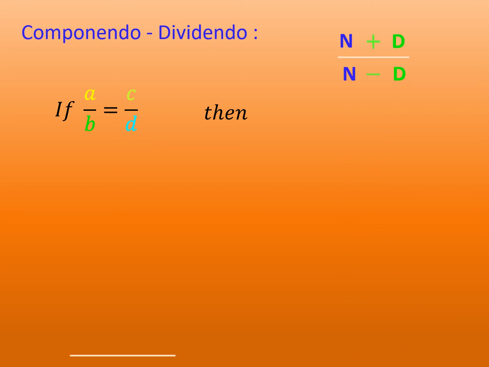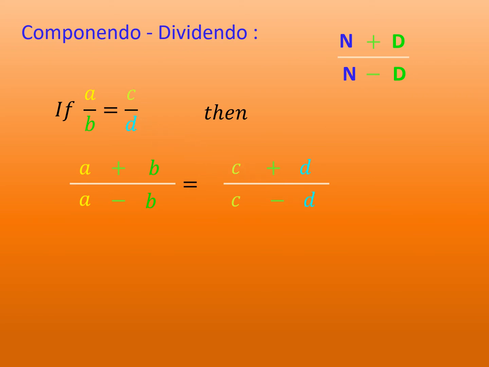Now componendo dividendo. a upon b equals c upon d. Then we will get numerator plus denominator upon numerator minus denominator. If I apply it to the left side, I'll get numerator a plus denominator b upon, again numerator first, minus denominator, equals numerator plus denominator upon numerator minus denominator on the right.